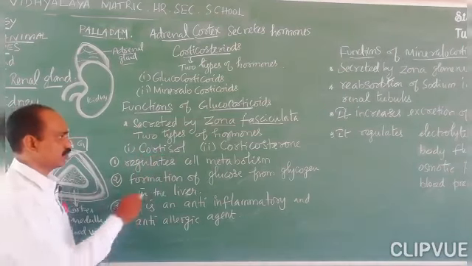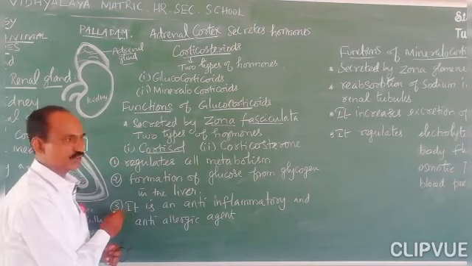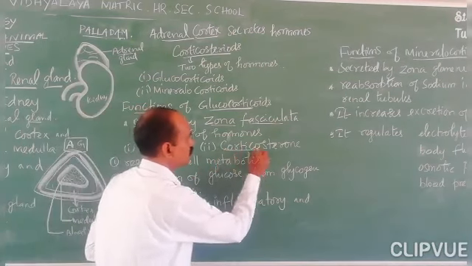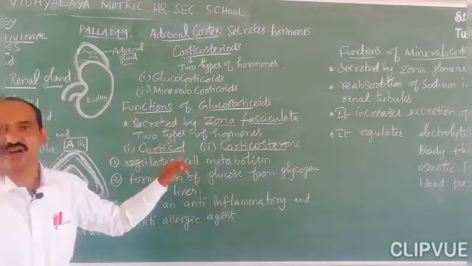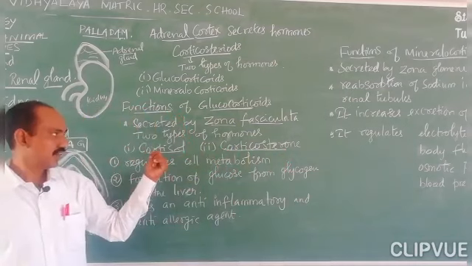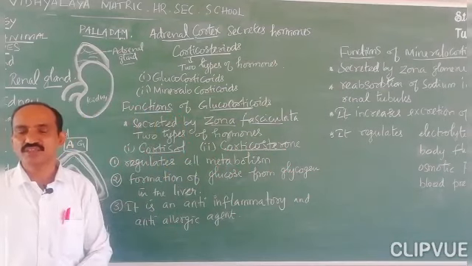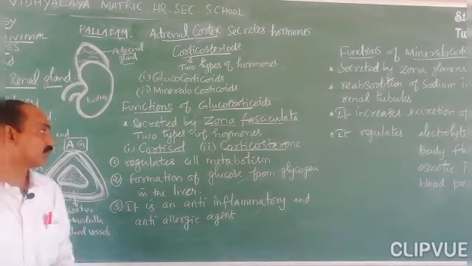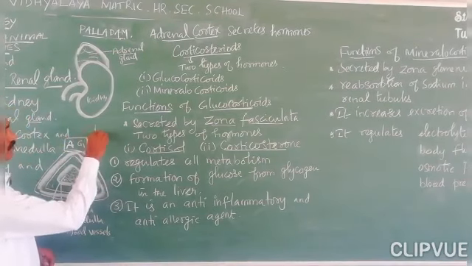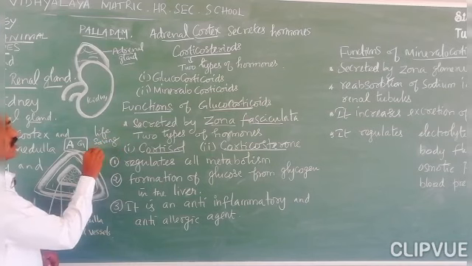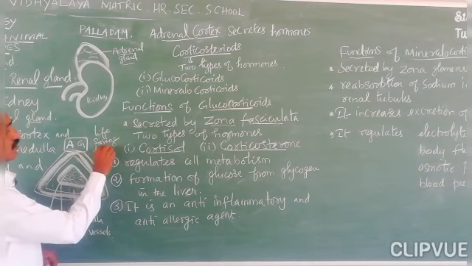Glucocorticoids again contain two types of hormones: one is cortisol, the other is corticosterone. Cortisol has another name, the life saving hormone.